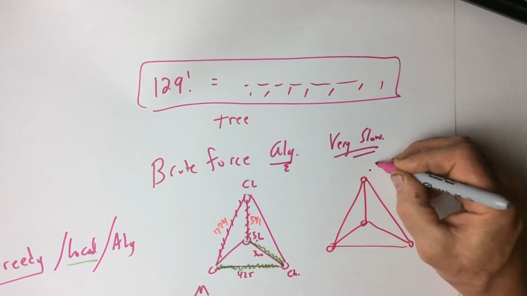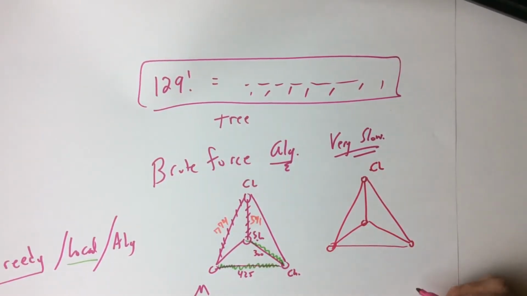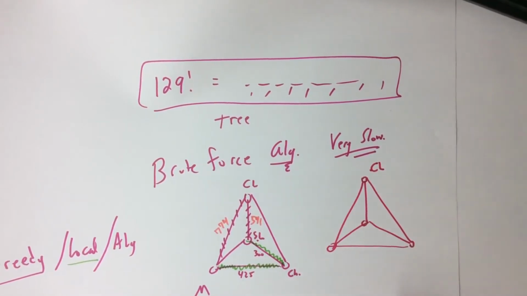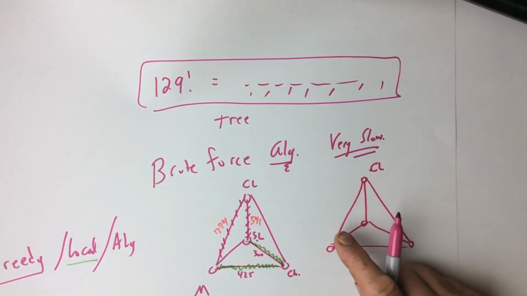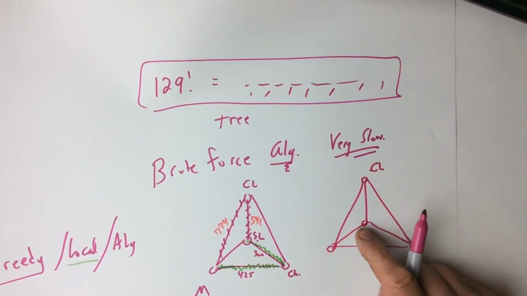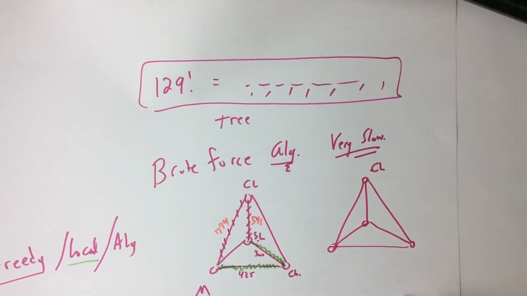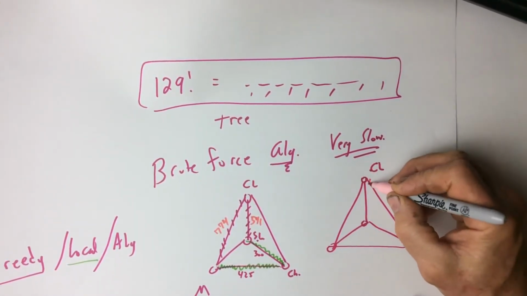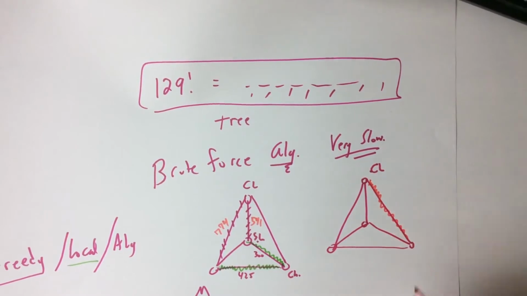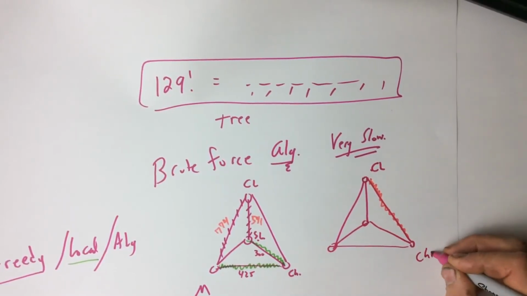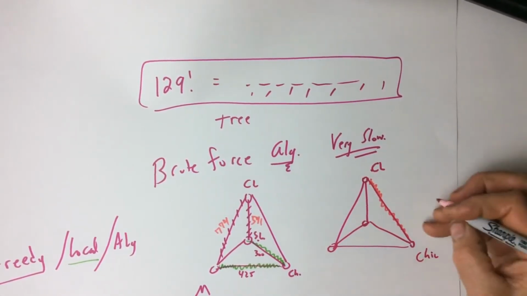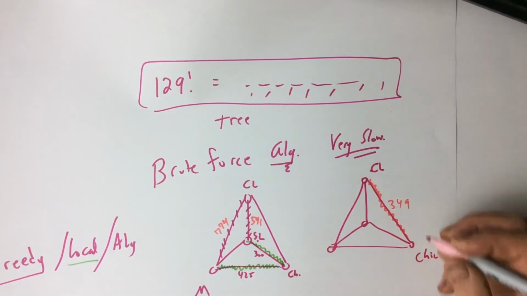If you had started in Cleveland and you looked at the distances from Cleveland, there's 740, 774, 541, and 349. You would have immediately driven this route from Cleveland to Chicago because it was the shortest, 349 miles.